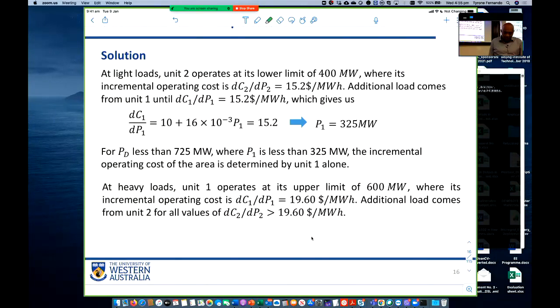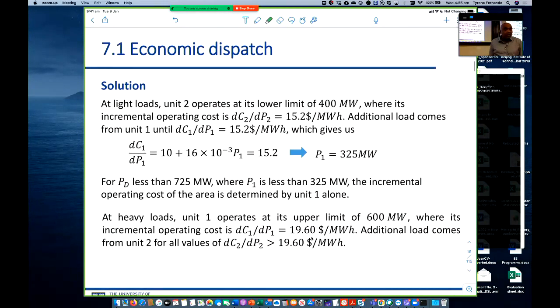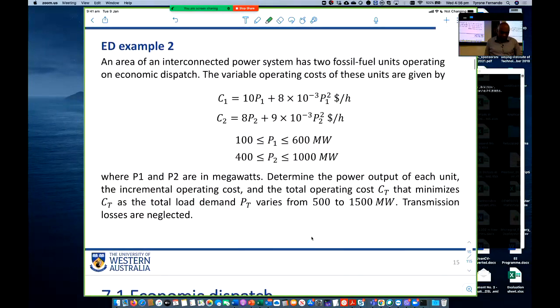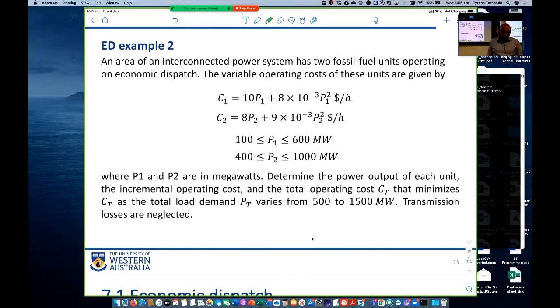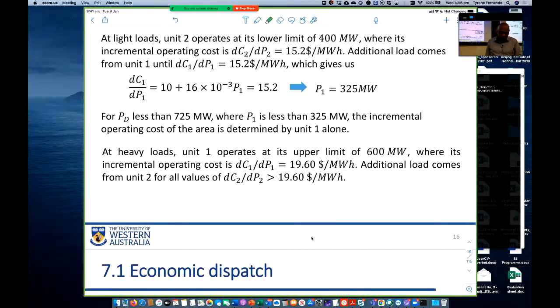For heavy loads, unit 1 operates at its maximum limit of 600, right? The incremental cost for that will be $19.6.